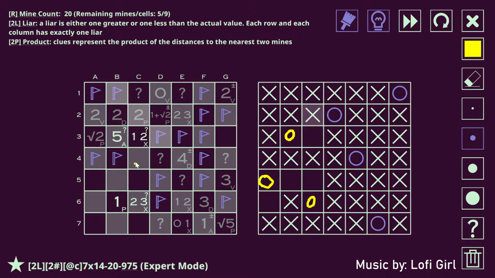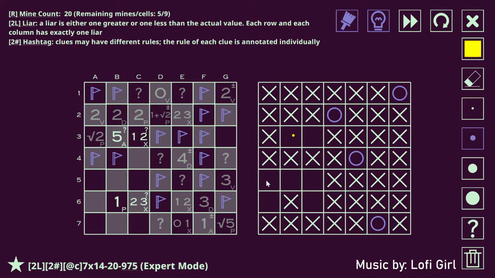But that doesn't really tell me anything, right? Yeah, it doesn't really tell me anything. Are there only 2 cases for this, or are there 3? I think there are like 3 cases of where the liars can be in this case.